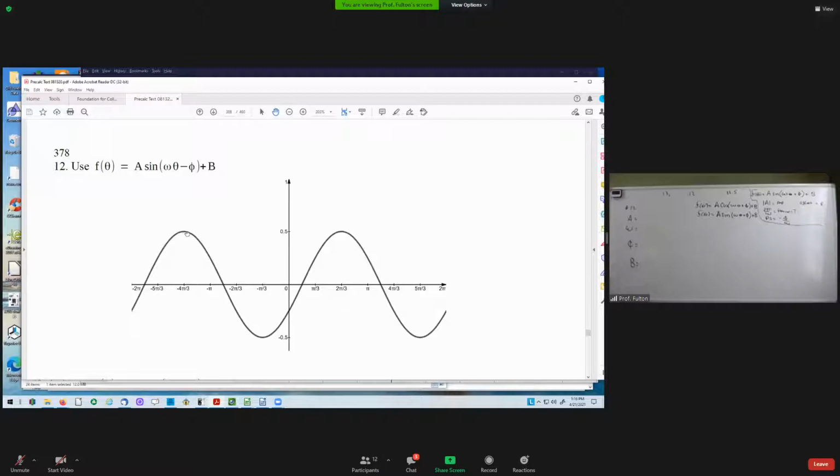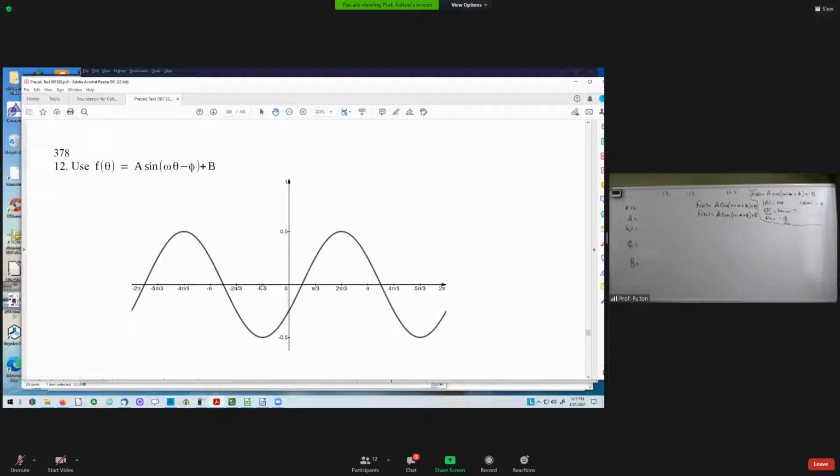I could go from this peak to that peak, and this peak occurs at theta is negative 4 pi over 3. This peak occurs at theta is equal to 2 pi over 3. So that distance is 6 pi over 3, which is equal to 2 pi. So my period is 2 pi.